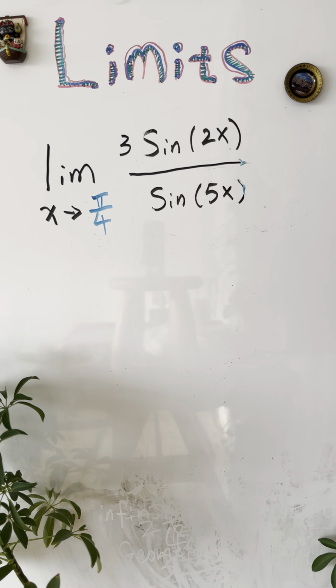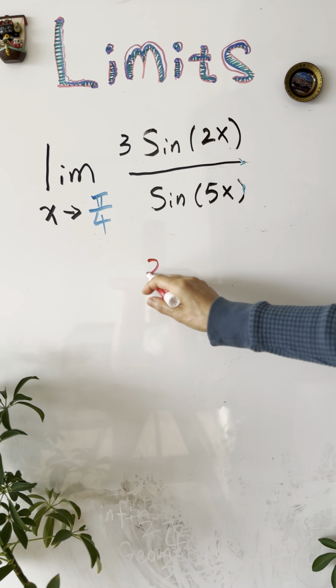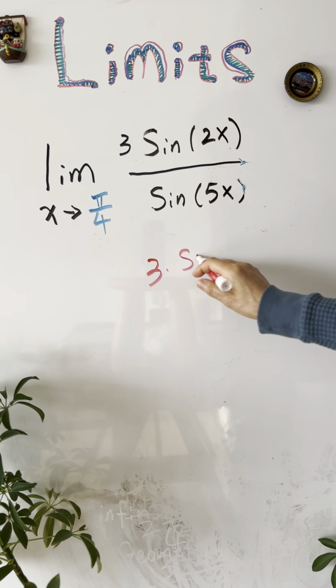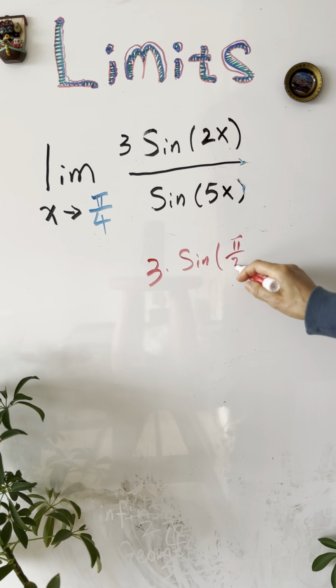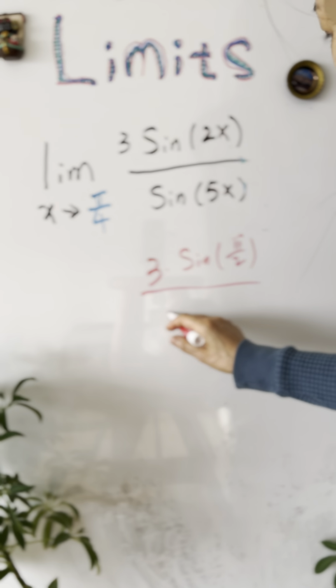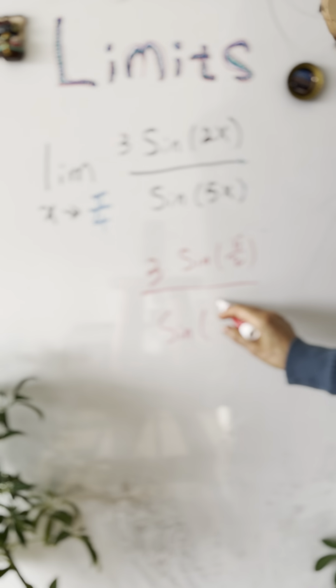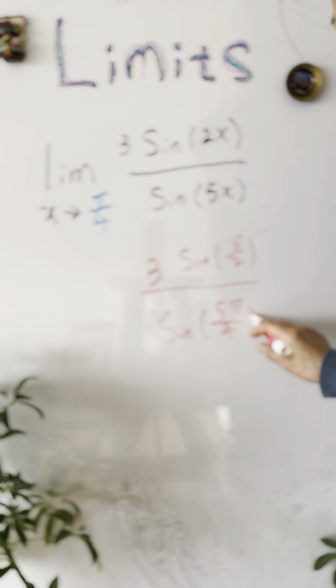It's not 0, it's just negative 1 over root 2. So we're fine. So we just evaluate. We have 3 times sine of 2 times pi over 4, which is pi over 2, over sine of 5 times pi over 4, which is 5 pi over 4.